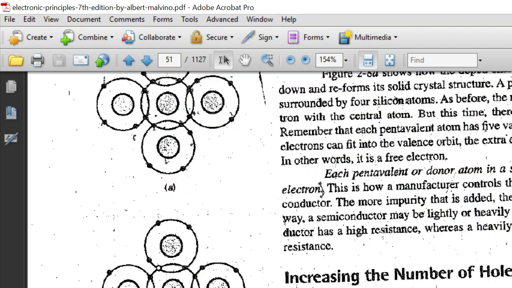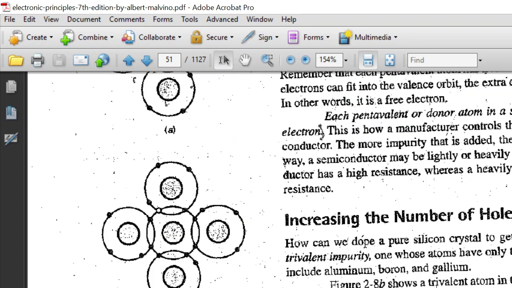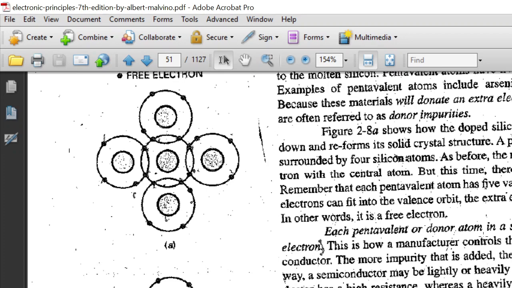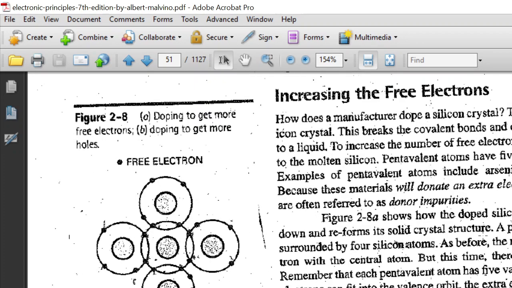Obviously, the more impurity added, the more the conductivity becomes. How to increase the number of holes? So we have studied how to increase the number of free electrons. One point I want to mention: please remember that the net charge of the semiconductor crystal is still 0, because the number of electrons and the number of protons are the same.